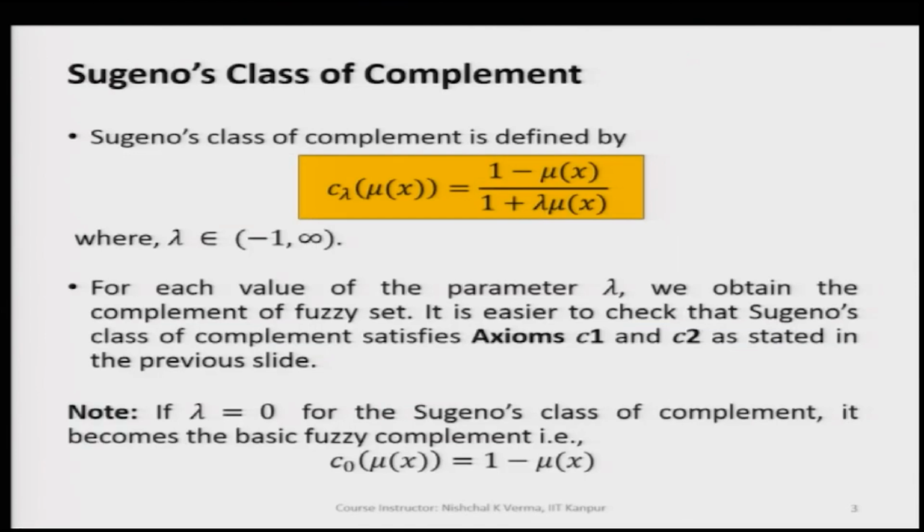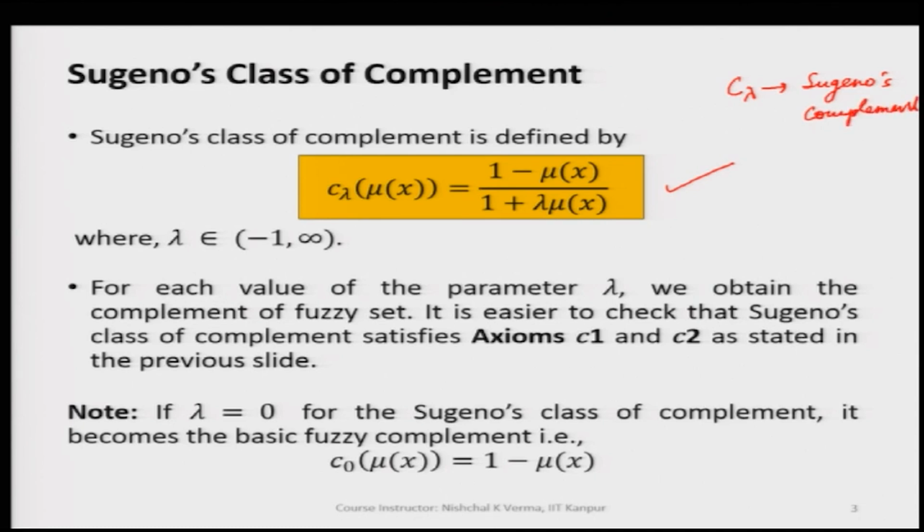Then we have some other complements. We have Sugeno's class of complement, which is written here as C lambda of mu of x, which is equal to 1 minus mu of x over 1 plus lambda mu of x, where C lambda here is the Sugeno's complement.